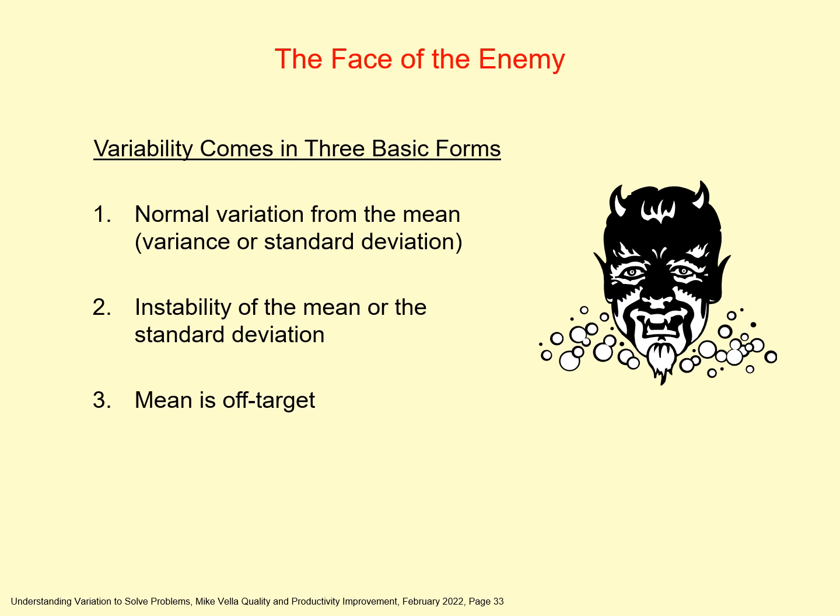First, normal variation from the mean, and that's typically described in terms of variance or standard deviation. Second, instability of the mean or standard deviation. Both of them can be described and identified using the average and range chart. And number 3, mean being off target.